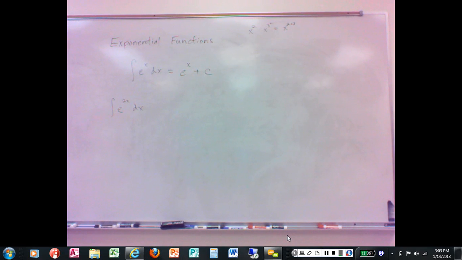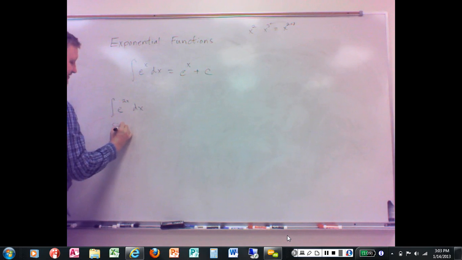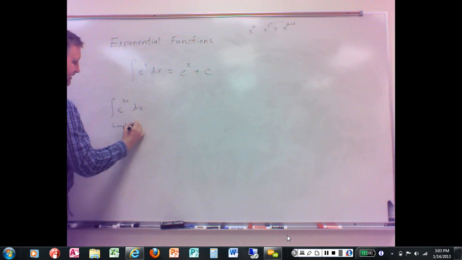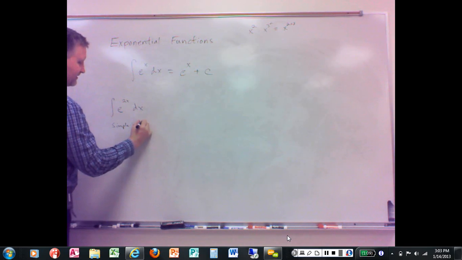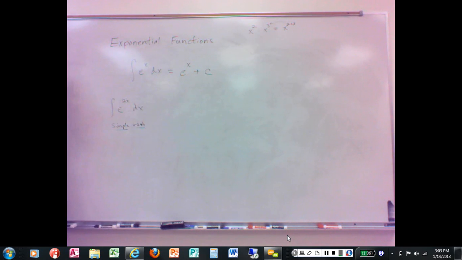This is where we do have to use a little simple u substitution. If you don't see it, it's not so simple, but to get this to work, I just need this to be e to a power, so I'm going to let u be the 2x.